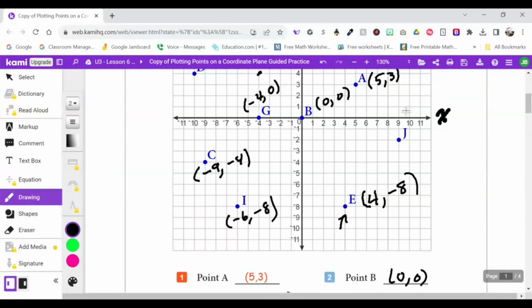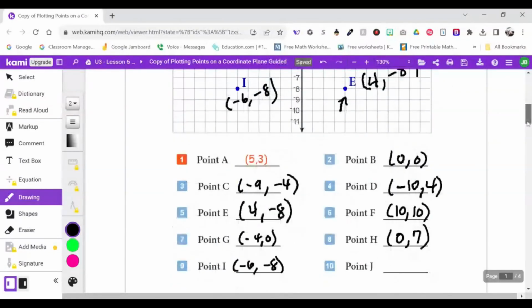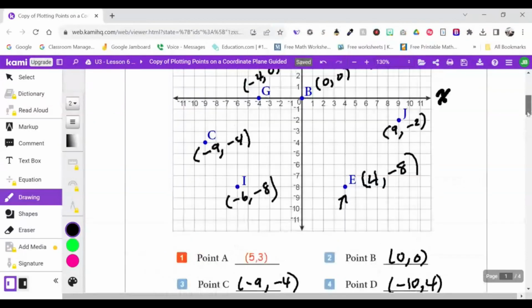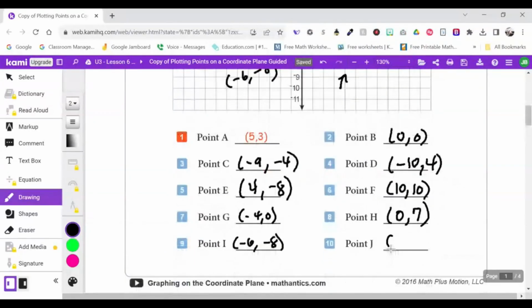We go 9 in the x direction, -2 in the y direction. Okay, now this next part, let's write this here. This would be (9, -2).